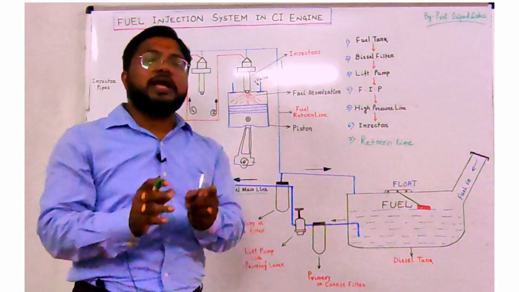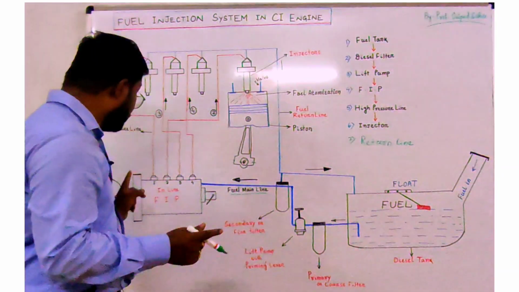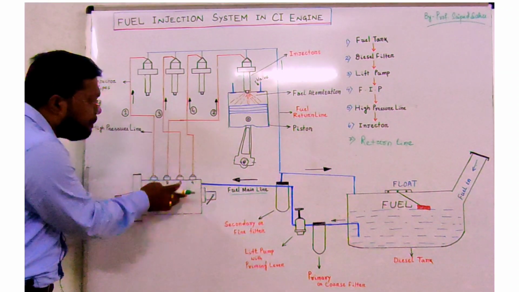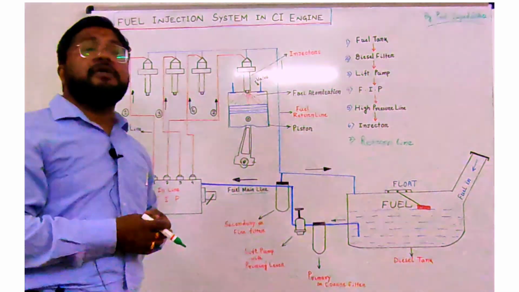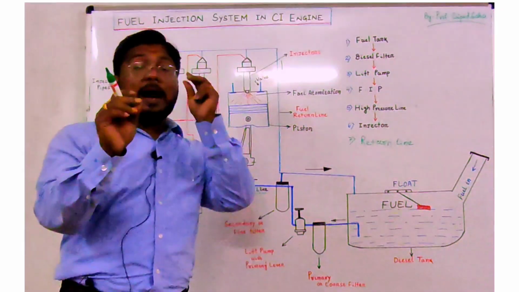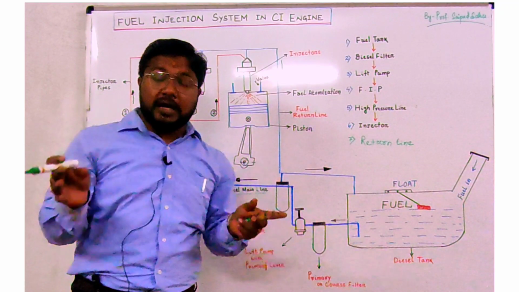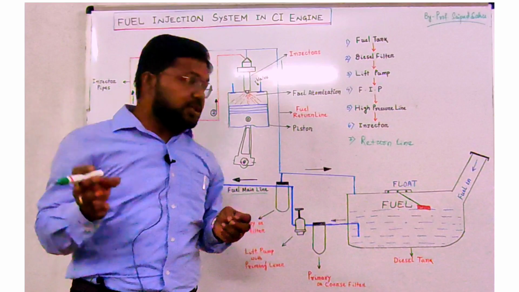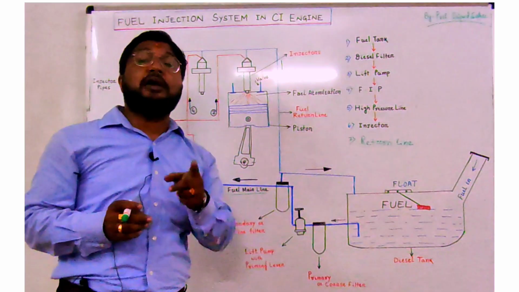It is connected so that whenever the crankshaft rotates, the FIP also rotates. Whenever the FIP rotates, within that process it is able to develop very high pressurized diesel fuel, which is around 200 to 250 bar in a common CI engine. If it is a CRDI, common rail direct injection, or DCR, direct injection common rail system type of engine, then the pressure we generate is 1800 bar to 2000 bar.